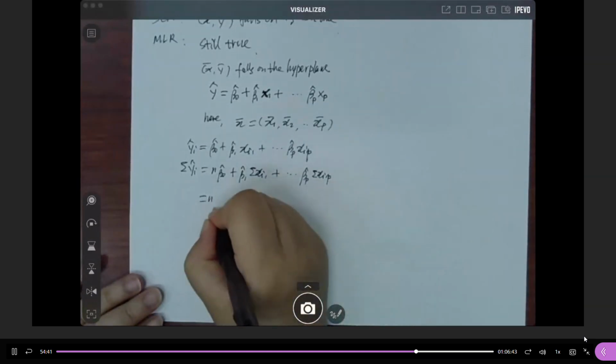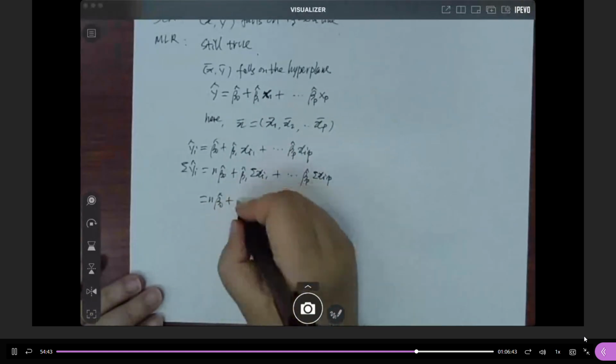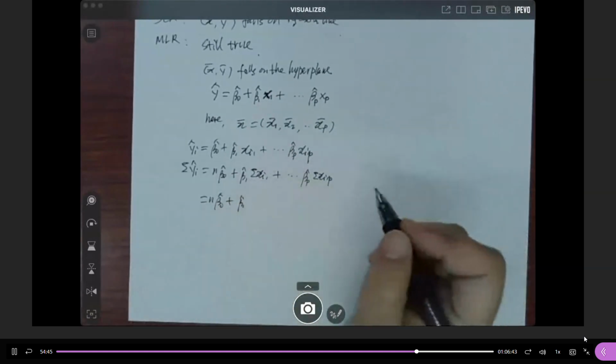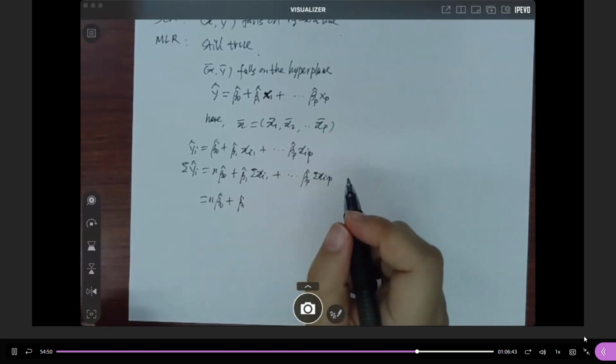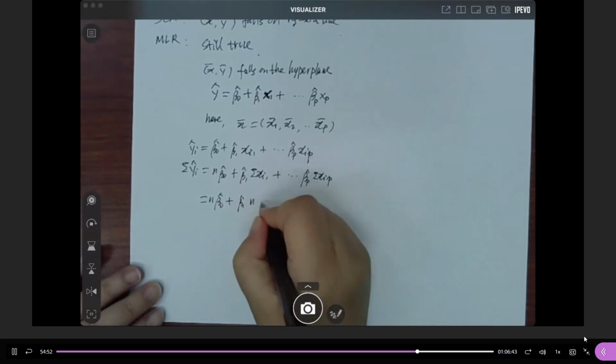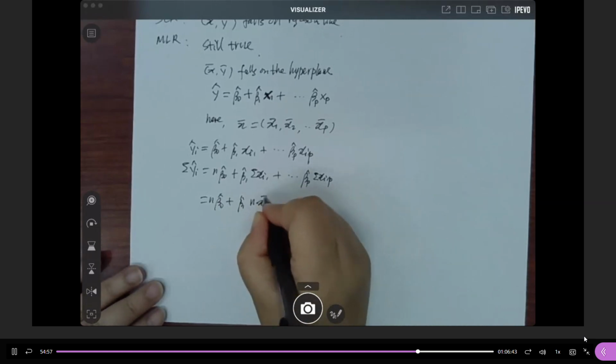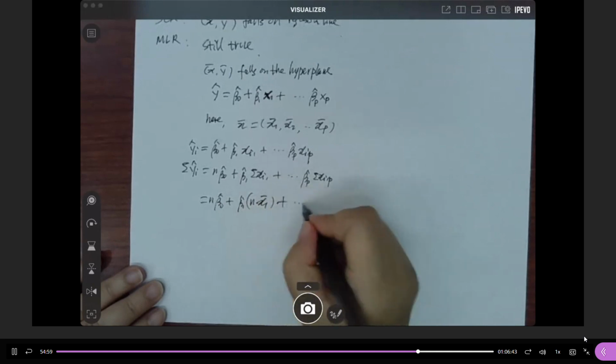You write one more step: beta 0 hat plus beta 1 hat times what is summation of xi1, i goes 1 to n? It will be just n times x1 bar.